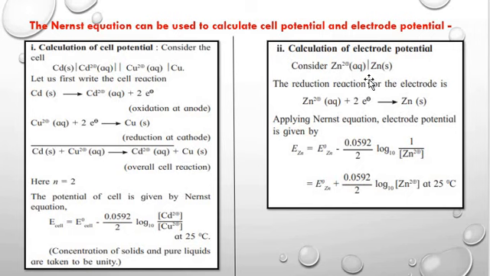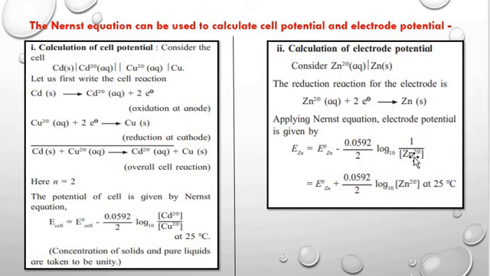And if we want to calculate the electrode potential, suppose this half cell is given here. So here the electrode potential E Zn is equal to E naught Zn minus 0.0592 upon n, where the value of n is equal to 2 because 2 electrons are consumed, log base 10 of 1 upon the zinc ion concentration. 1 we have taken because zinc is solid here.